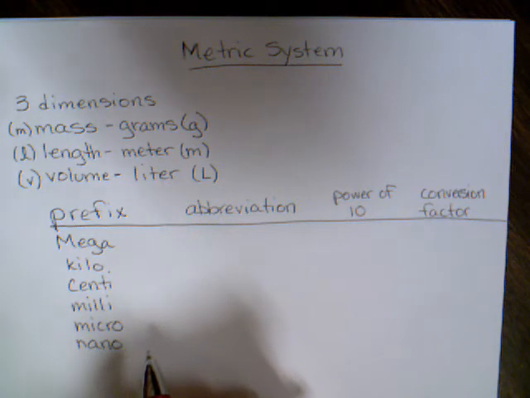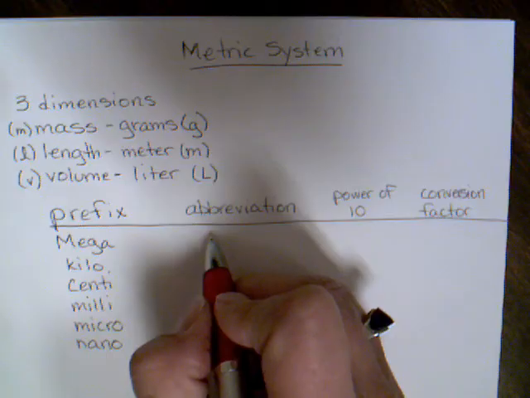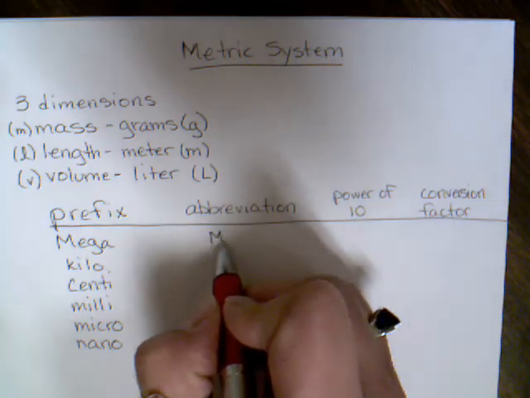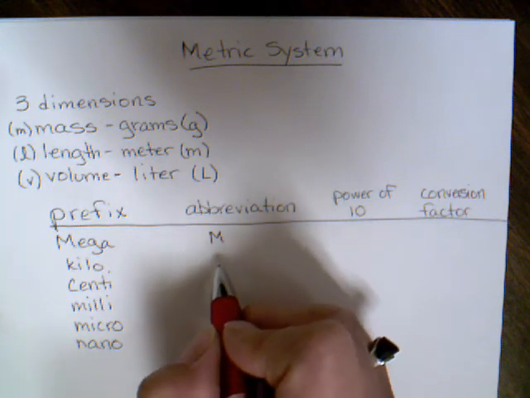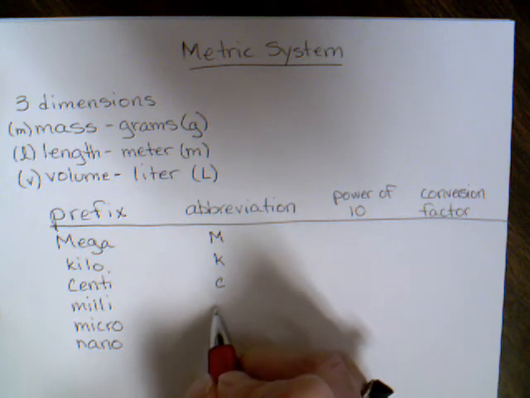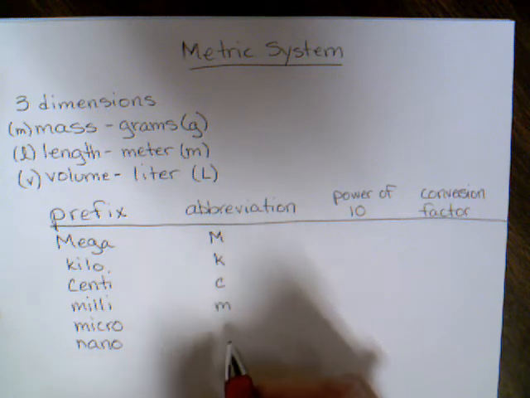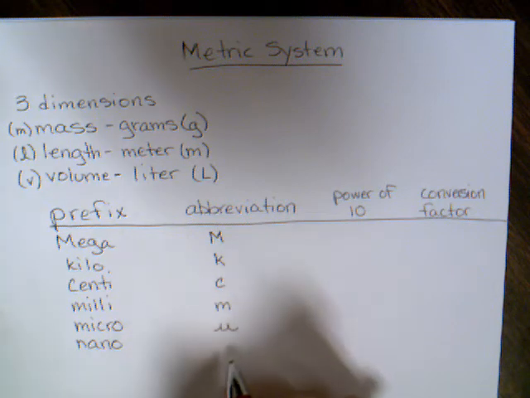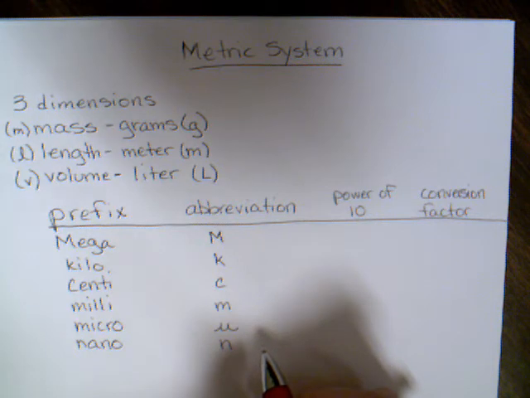These are definitely ones that you're going to need to know off the top of your head and memorize. The abbreviation for the mega is the M, kilo K, centi small c, milli small m, micro looks like a U with 2 tails, and nano is a little n.